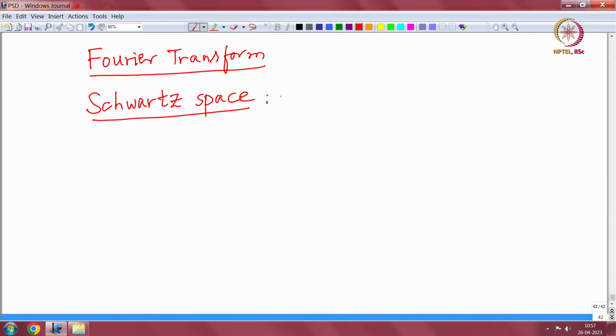Okay, so all functions are defined on Rn, and integrals are also over Rn. So let me not repeat that. Okay, so this Schwartz space is denoted by S of Rn.